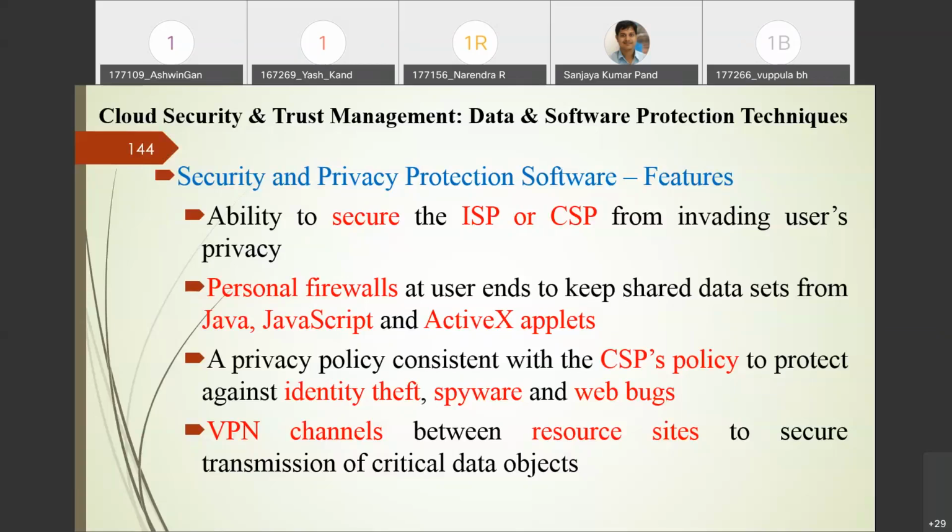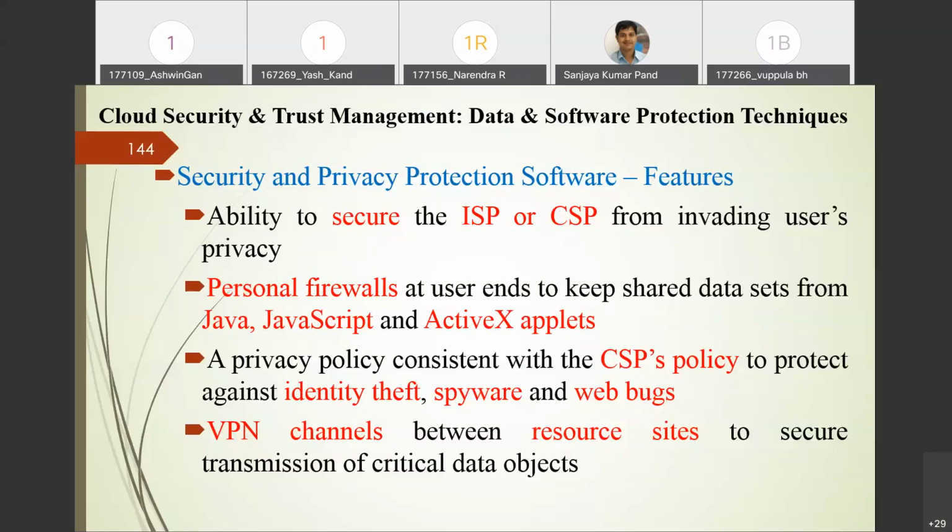The next one is a privacy policy consistent with the CSP's policies, to protect against identity theft and spyware in web browsers. Whatever privacy policies you enforce, you have to deal with the CSP's policies as well. As mentioned in previous classes, the CSP uses a service level agreement, right? The service level agreement is in line with the privacy policies, so there should not be any conflict among different modules.